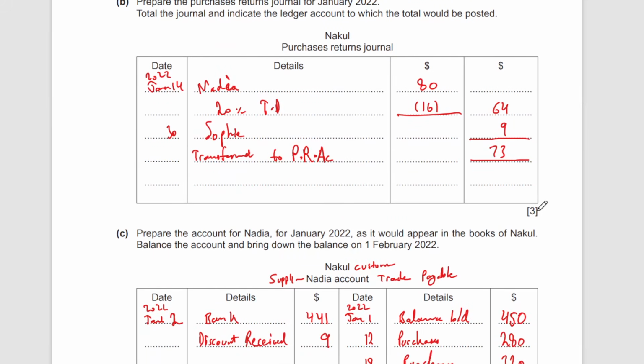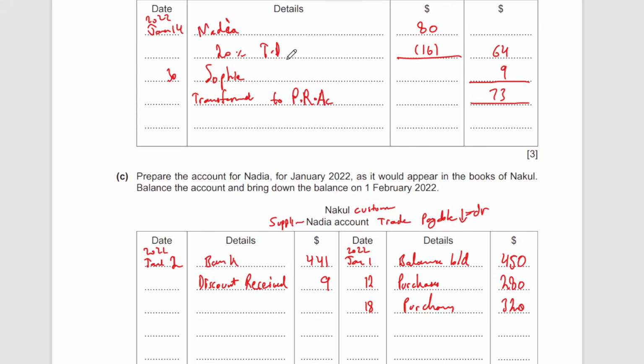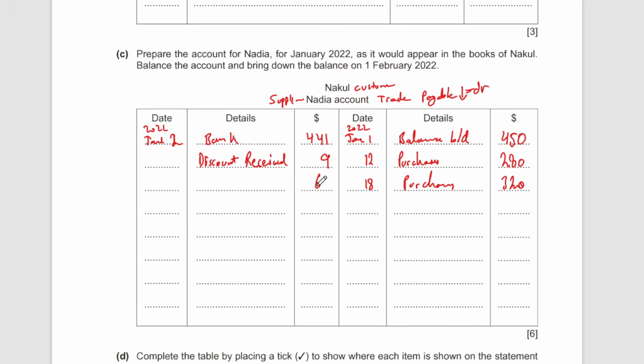So we returned some of the goods on January 14th. Now remember, this reduces liability. When liabilities go down, when trade payables go down, they'll be debited. Okay? Remember that. Trade payables going down, liability going down, you debit the liability account. So in this case, we will debit Nadia's account by 64. That means we don't have to pay her anymore, right?